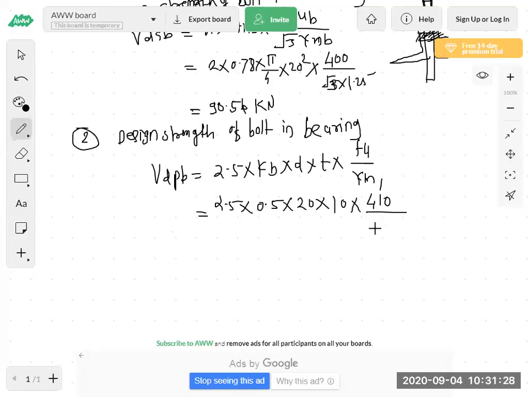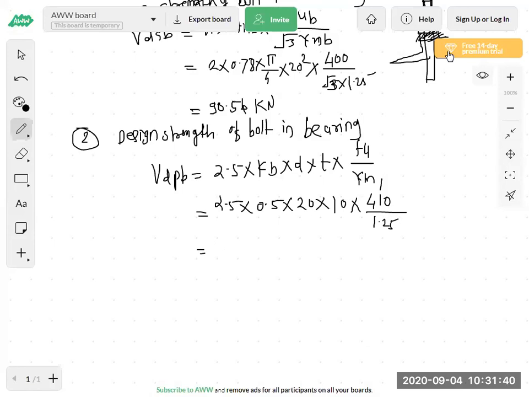Yeah, FU 410 we are still using. Then 1.25. This much is 82 kilonewton.